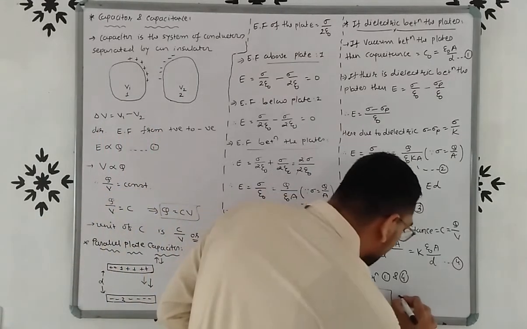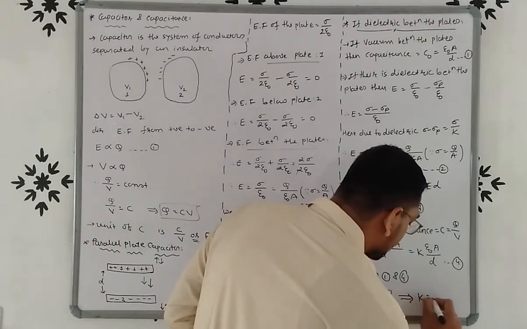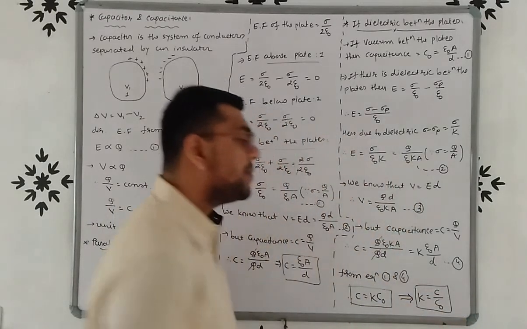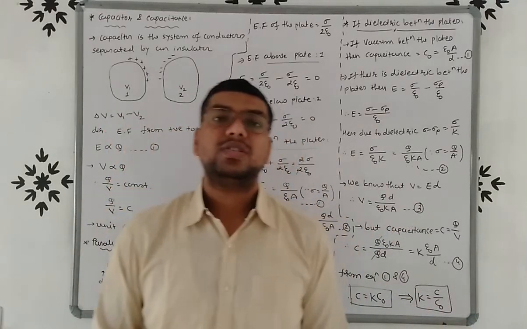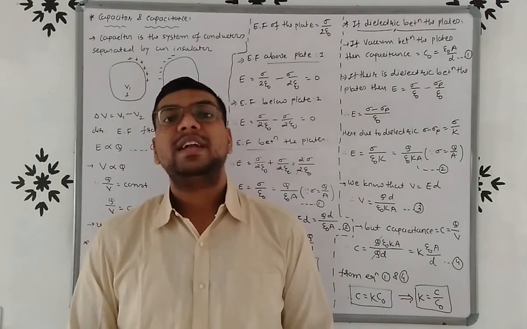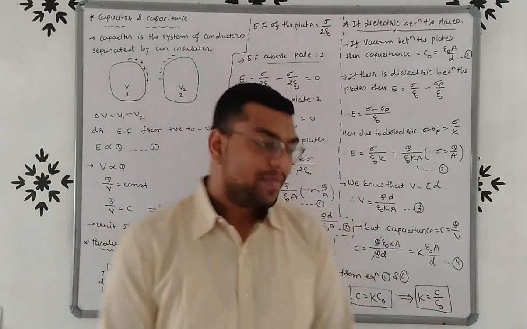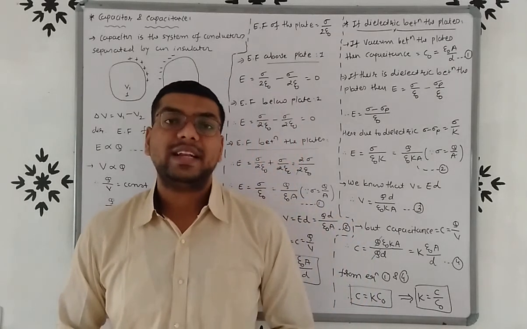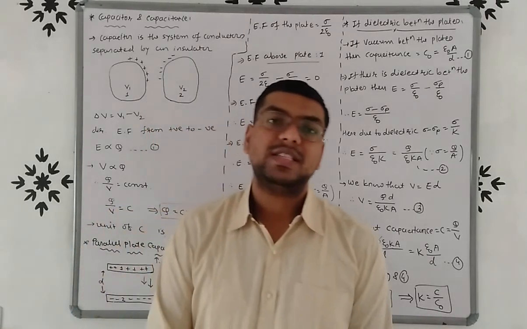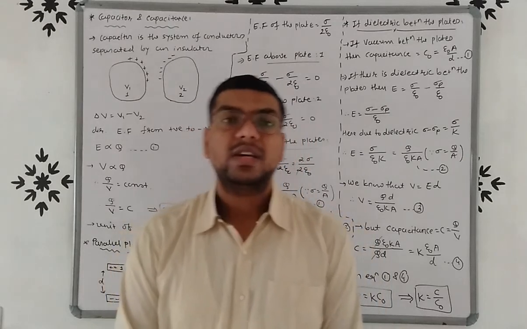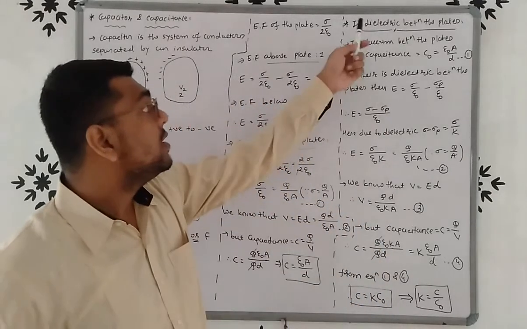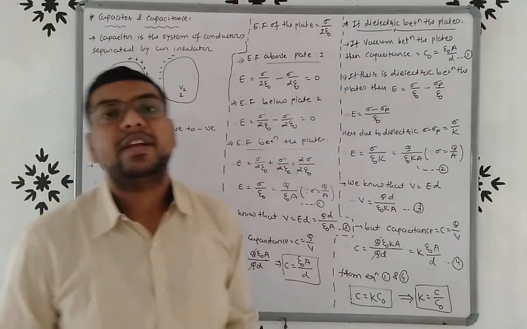So K is equal to C by C0, where C is the capacitance of the capacitor when a dielectric is between the plates, and C0 is the capacitance of the parallel plate capacitor when vacuum is between them.